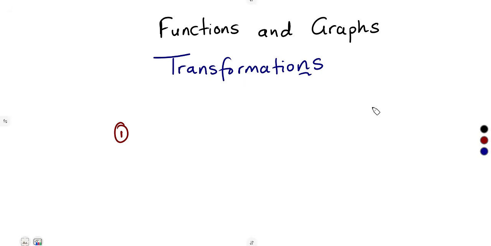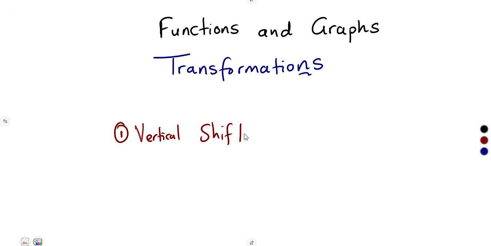Let me consider this one as the vertical shifts.